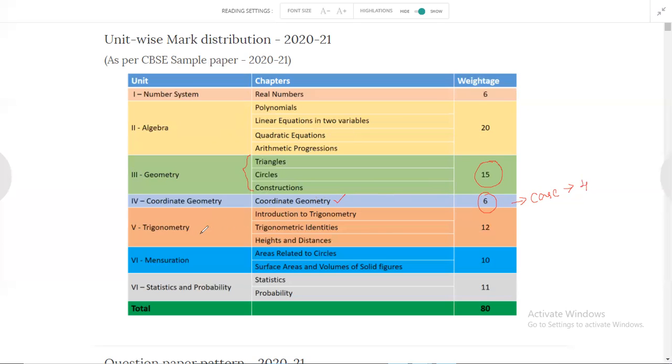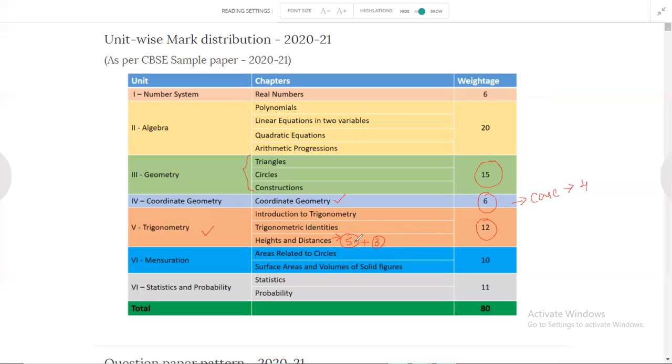Then the next unit is trigonometry, and the total weightage is 12 marks. You can expect a sure question of 5 marks from heights and distances, the application of trigonometry. Of the remaining 7 marks, as per the new sample paper, one more question of 3 marks is coming from heights and distances.